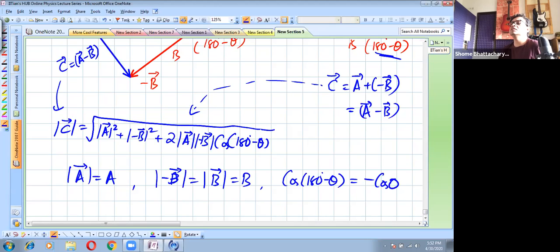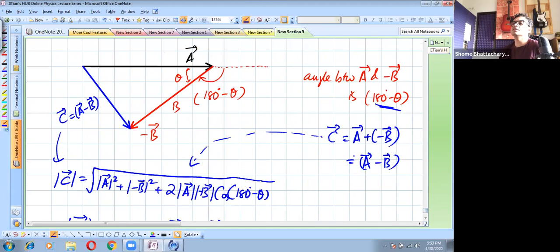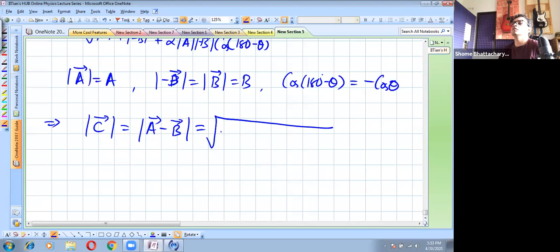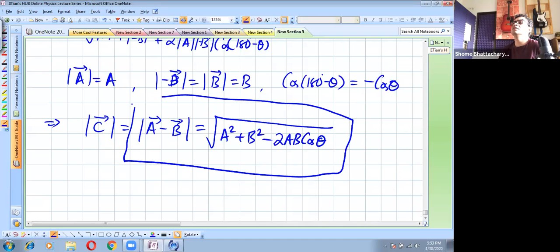So substituting these 3 things in the formula of triangle law, but this time we are adding A and minus B instead of A and B, so automatically it's giving us A minus B. So that's why my vector C, which is basically mod of A minus B, the magnitude of C, is becoming square root of A square plus B square minus 2AB cos theta.